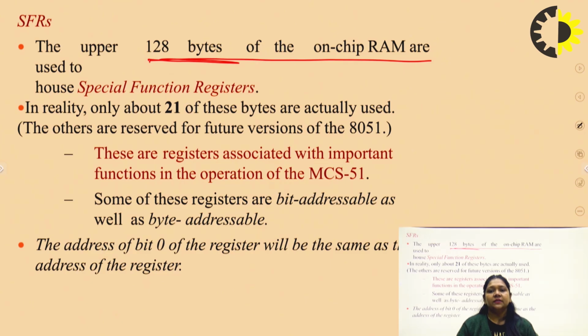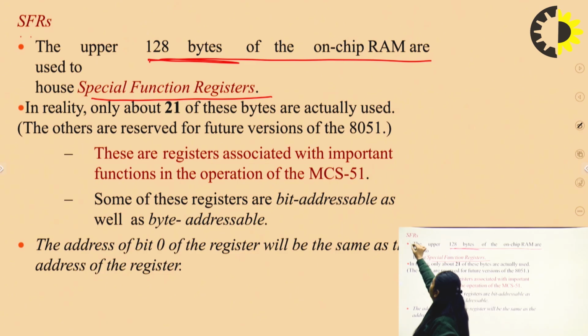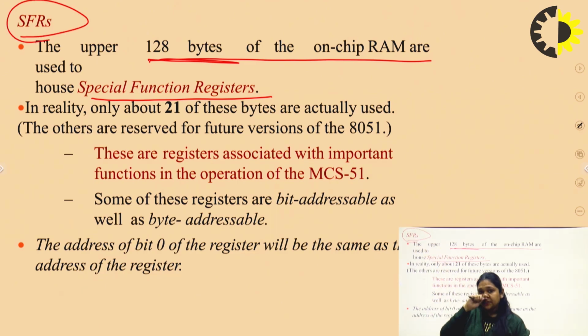After that, there was bit addressable memory from 20H to 2FH, and after that the next part was the scratch pad from 30H to 7FH. That portion is 128 bytes. That was one part of RAM, and the other part of RAM is used as SFRs, special function registers.